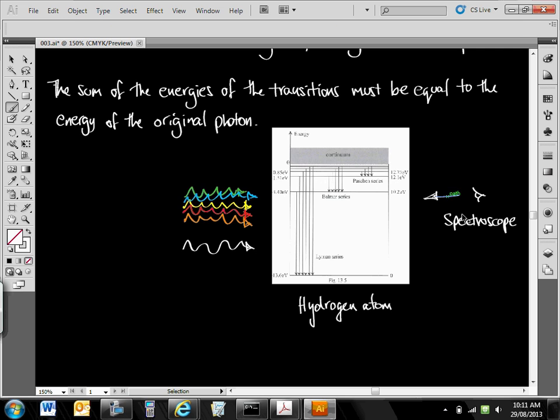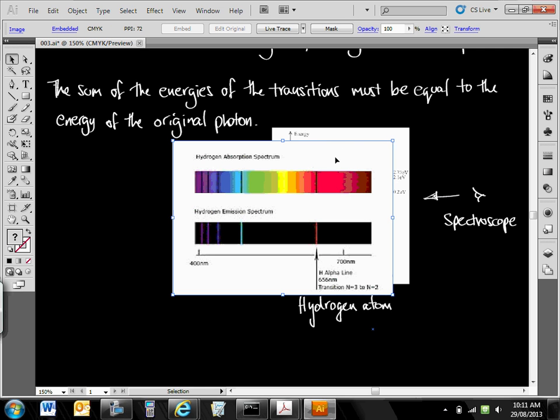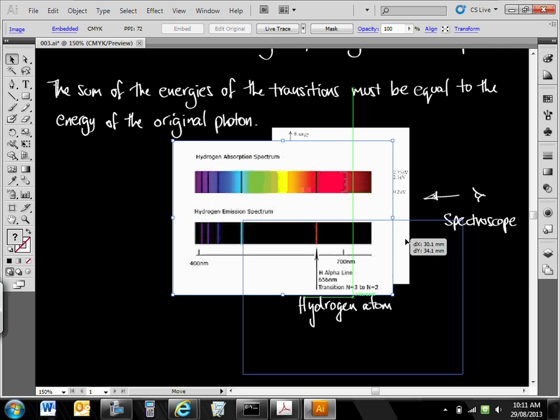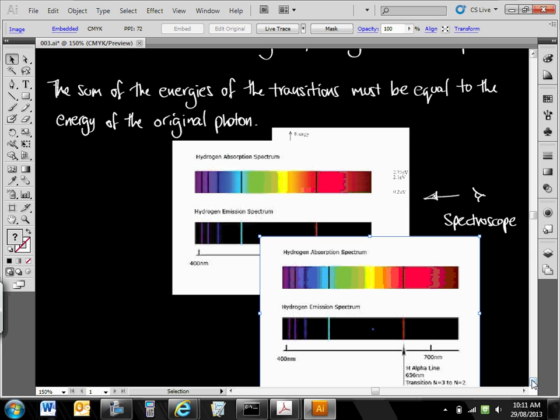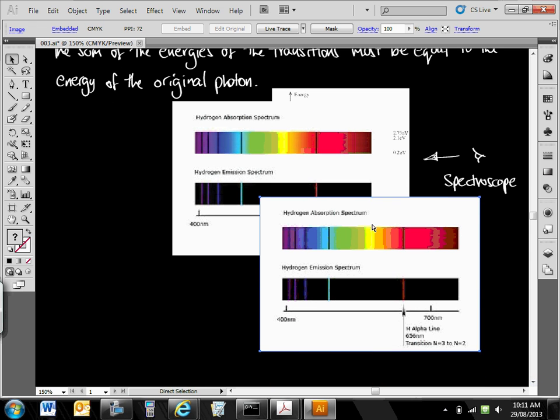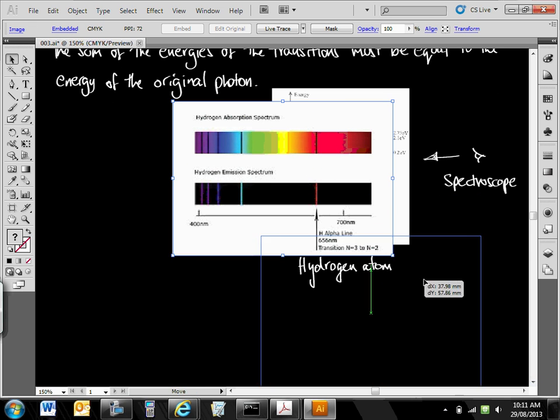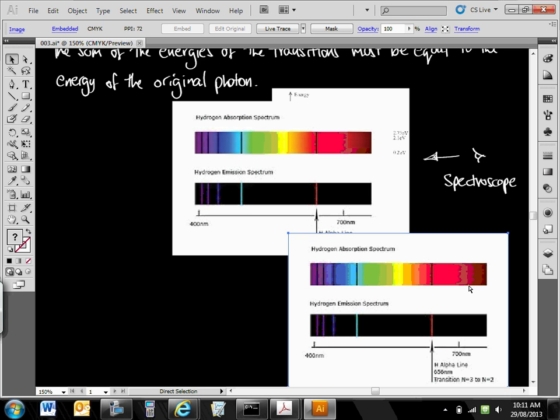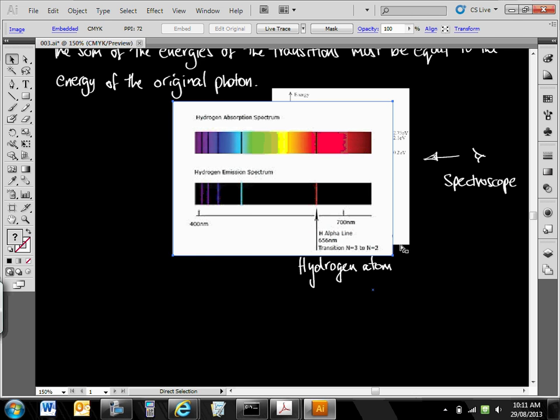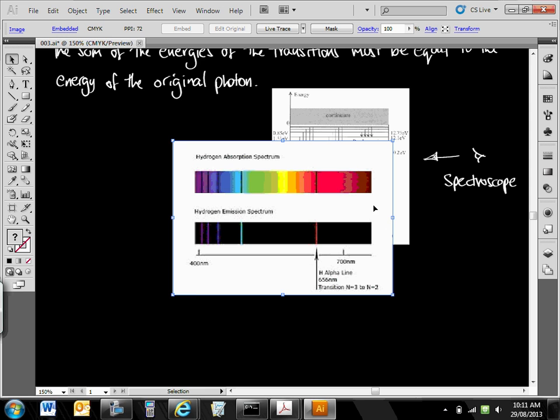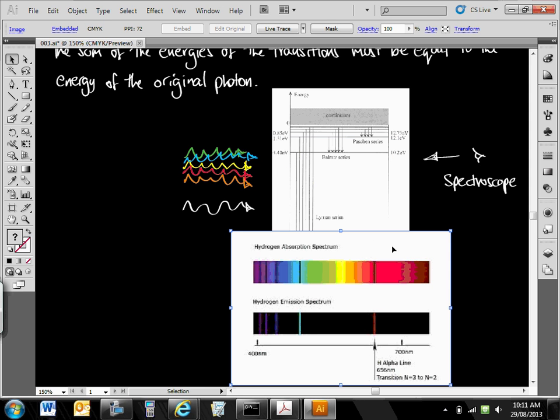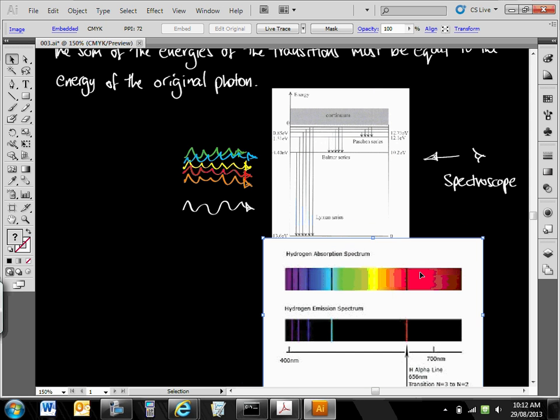Now, I may have misled some of you in that, is this what I see? Now we don't see the emission spectrum, do we? Because that would have to be the excited atom. Would I be seeing this through the spectroscope?